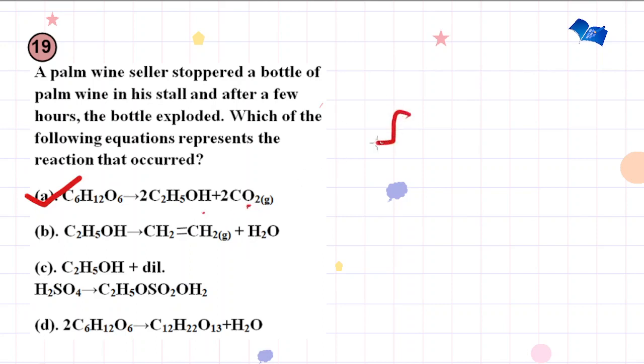Now, when you have your bottle of palm wine, then it is stoppered. That means it is corked. You have your palm wine, fermentation occurs. The carbohydrate is broken down into carbon(IV) oxide and ethanol. Carbon(IV) oxide, which is the gaseous product, will be built up inside this bottle, and it will exert pressure on this bottle, thereby causing the bottle to explode.